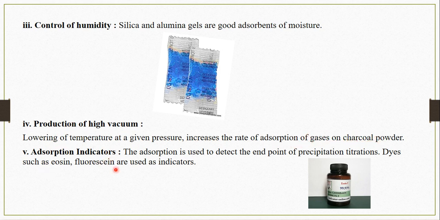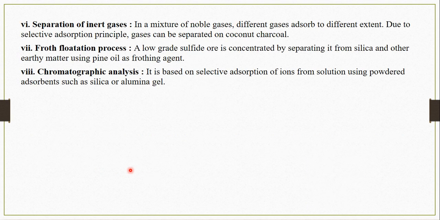Then adsorption indicators: different adsorption indicators are used to detect the end point of precipitation titrations. Dyes such as eosin and fluorescein are used as indicators. Then adsorption is applicable for separation of inert gases.